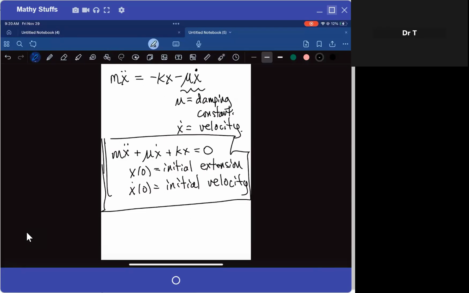Cool. Now, I'm not going to go through the whole theory of solving differential equations. Not at all. Suffice to say that this system has a solution that looks like this.